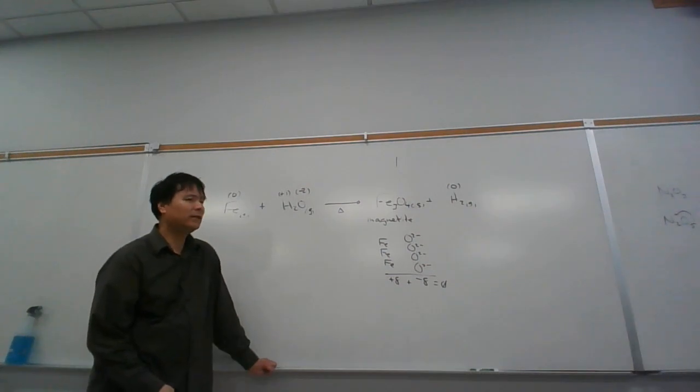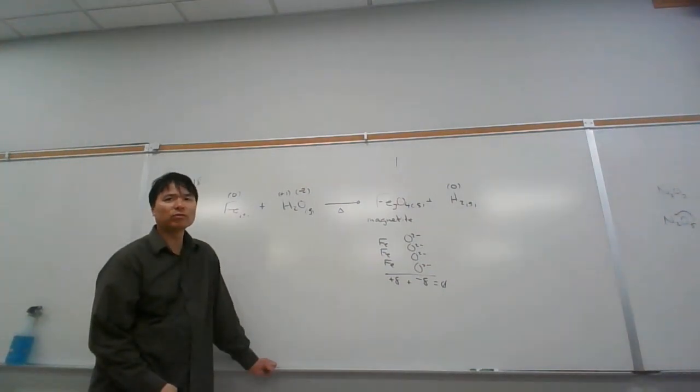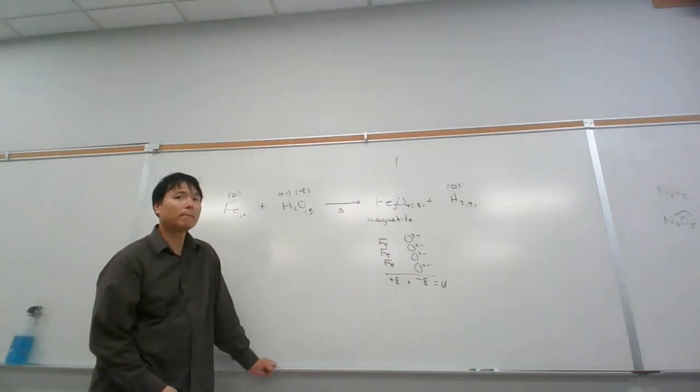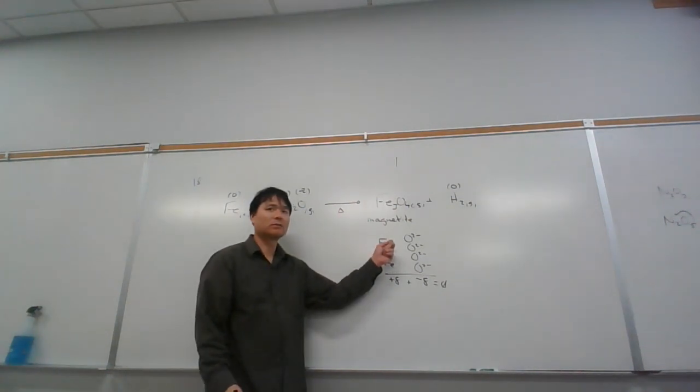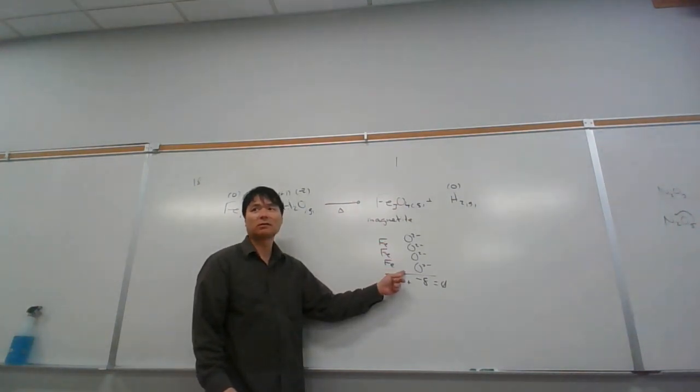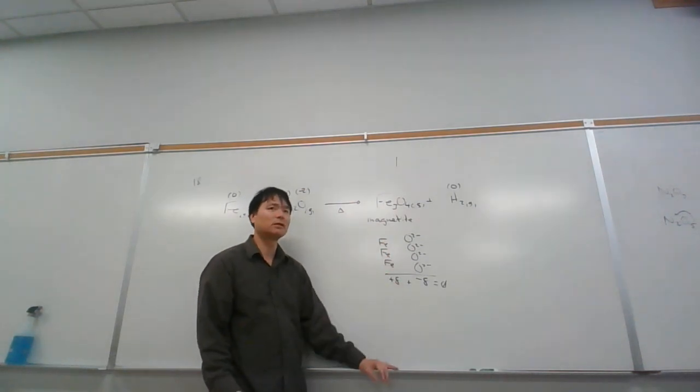So we need to distribute +8 over 3 irons. If we distribute them evenly, it would be +8/3, +8/3, +8/3, which gives us +8.